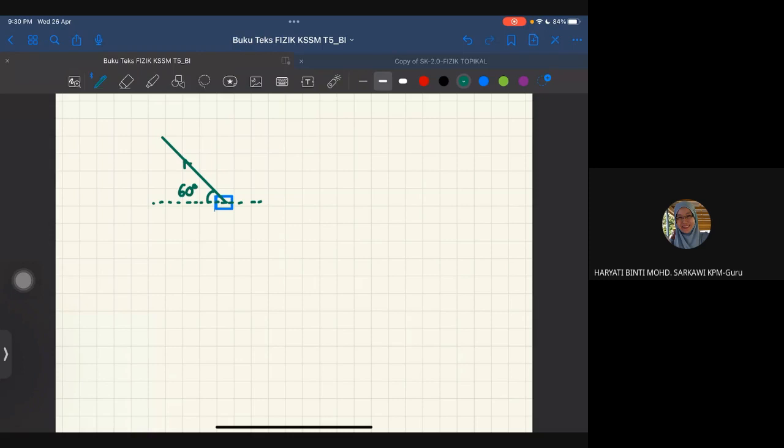This is T. T is 8 Newton. And then W downward. So this is W, unknown. We don't know what is the value of W. And then there is another P pulling to the right. Also, we don't know what is the magnitude.